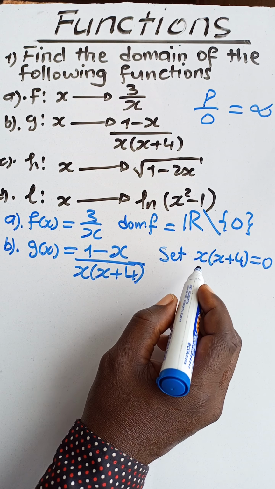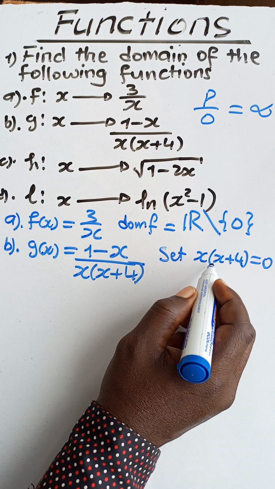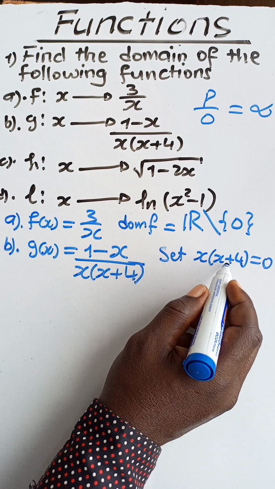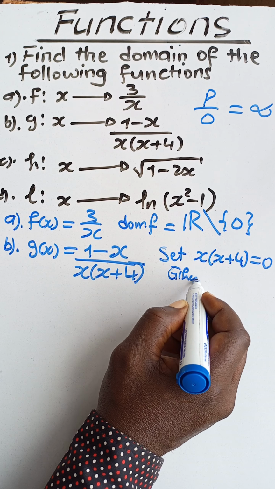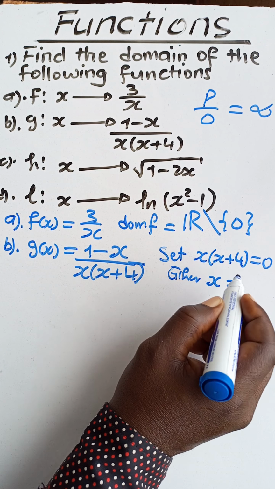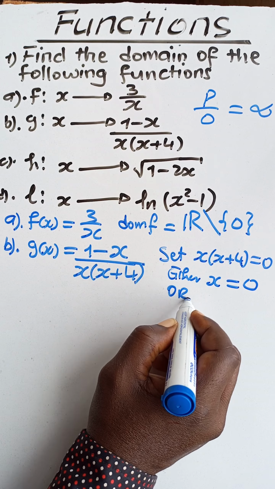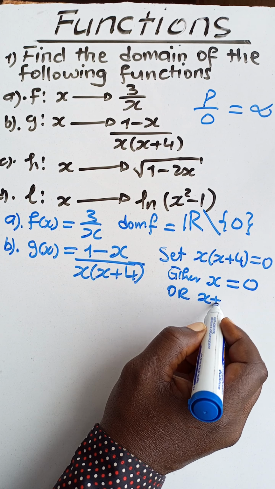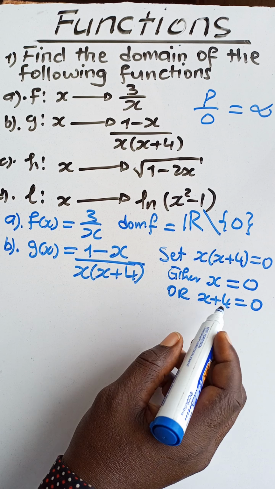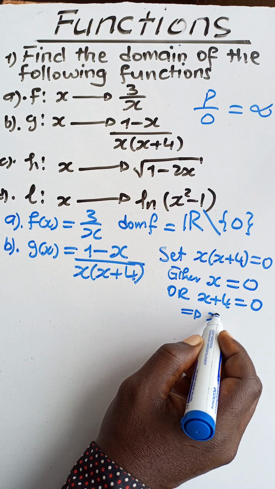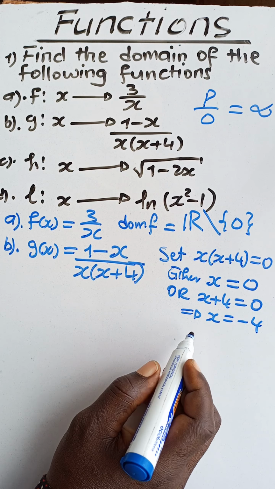So when we do this, we're going to have the product of two expressions giving us 0. So if that is true, then either x is 0 or the second expression x plus 4 is 0. Now, if x plus 4 is 0, this means x is negative 4.